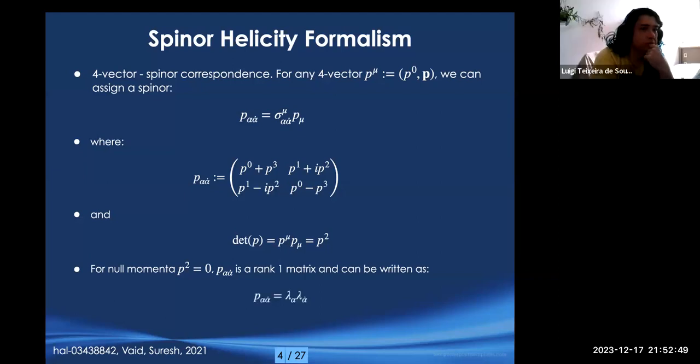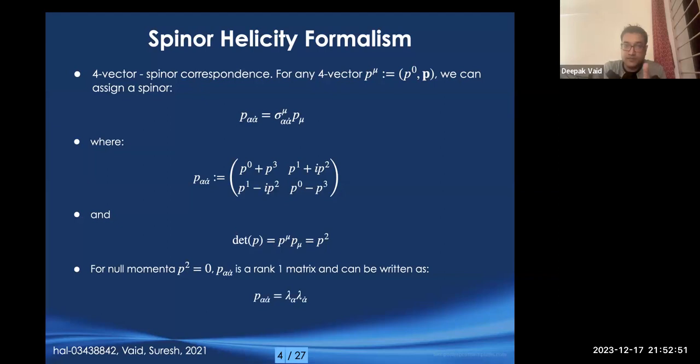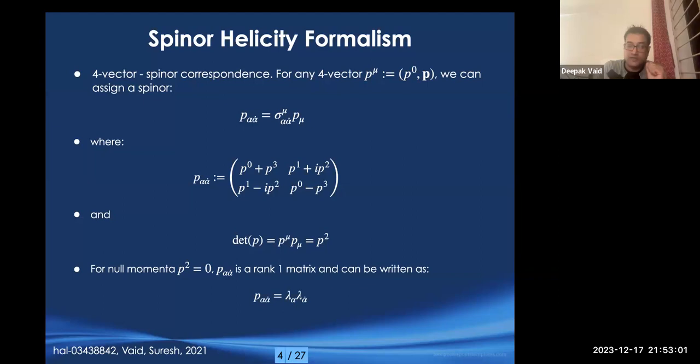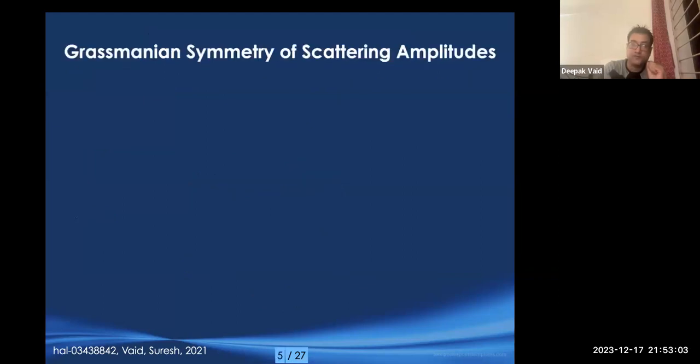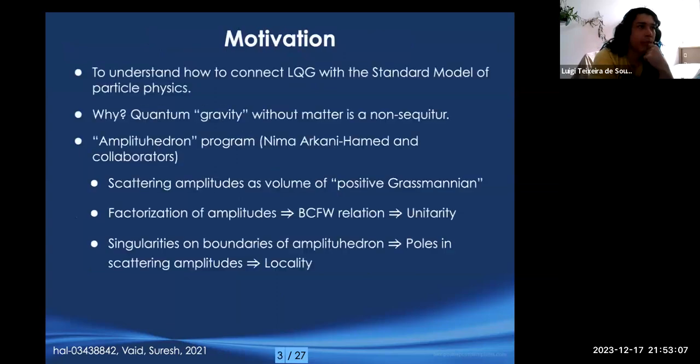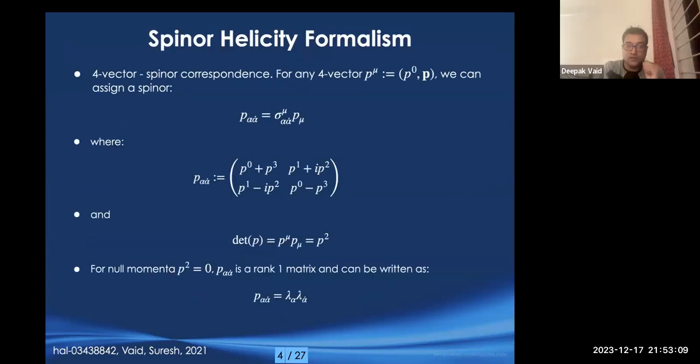And so it can be written as a product of 2 vectors like this: lambda alpha and lambda tilde alpha dot.